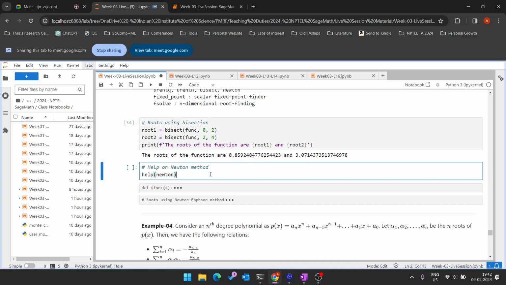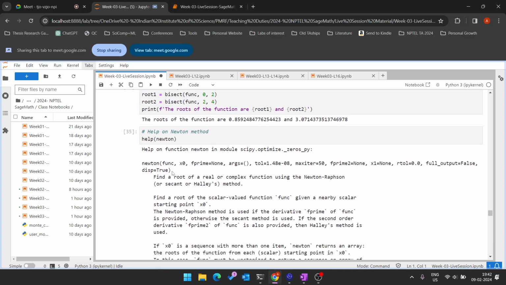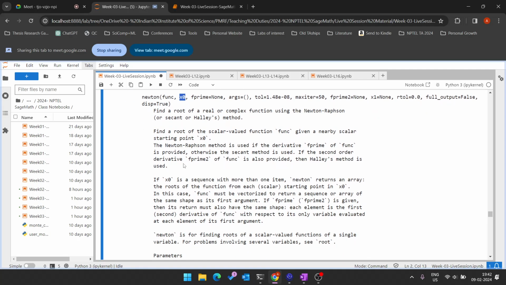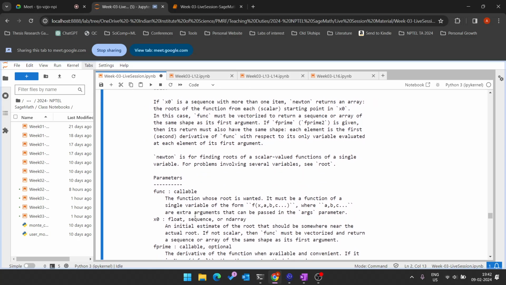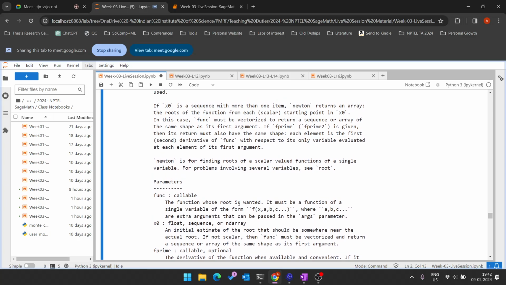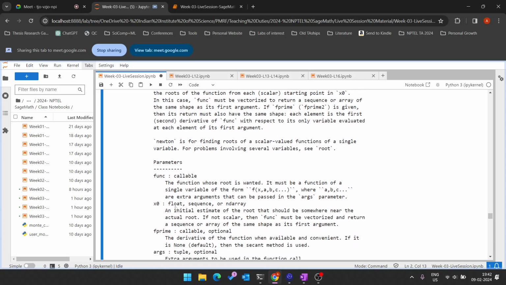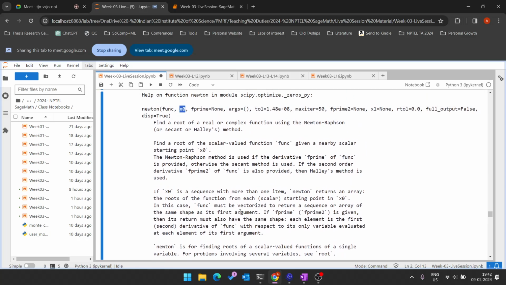Another method that we have been asked to use is the Newton-Raphson method. So again, I will look into the help document. I see that there are two required arguments, the first being the function, the second being x0, which is my starting or initial estimate of the root. If my function is not scalar but a vector, then an appropriate form of x0 should be provided.